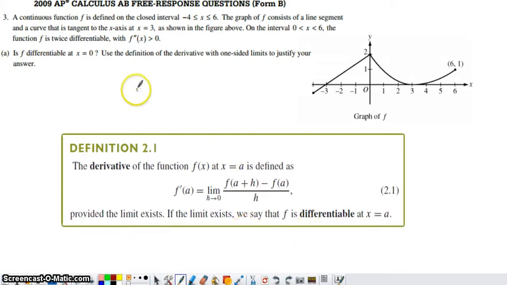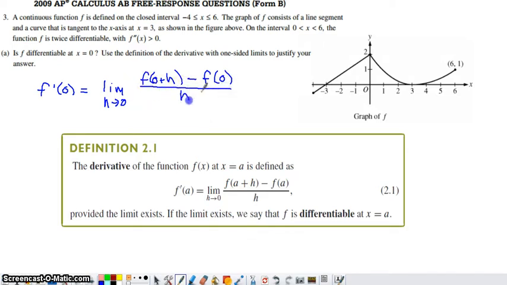Now we want to determine if our function here is differentiable at 0. So f prime of 0 would be, using the definition that's still right here, the limit as h approaches 0 of f of 0 plus h, right? I'm just putting 0 in place of a, minus f of 0. 0 goes in place of that a from the definition as well, and that's all over h.